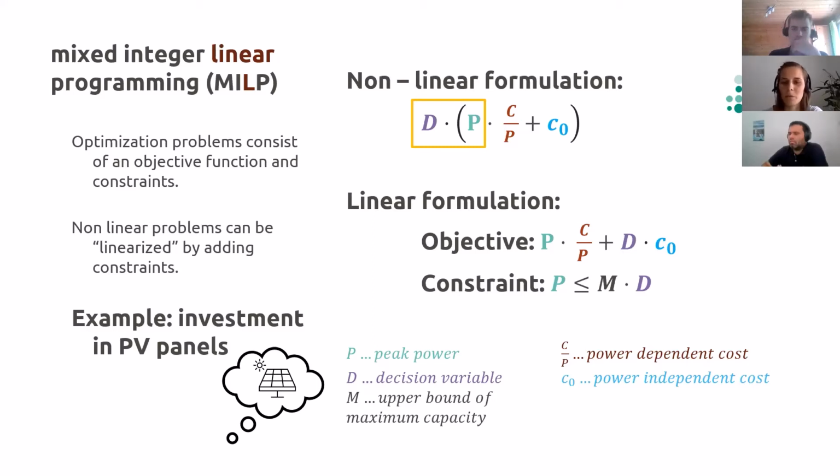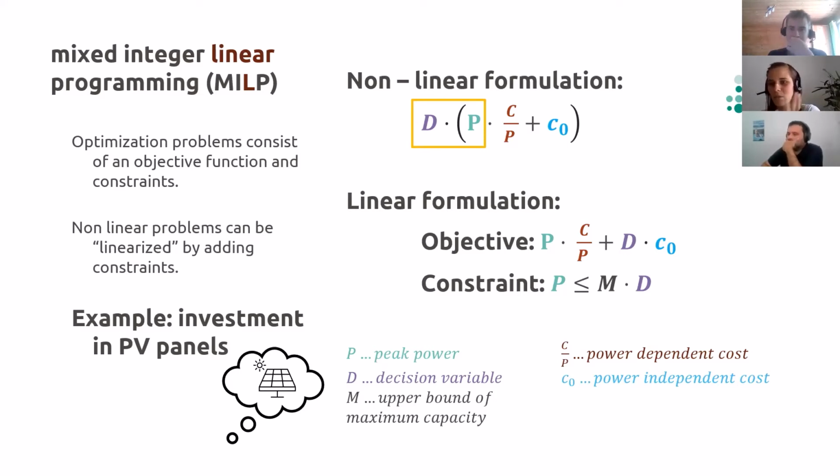So in the MILP formulation, we have to apply some tricks. To get this formula into an objective function, we just get rid of the product. So we cancel the D in front of the P and add an additional constraint. The constraint is that the power is always less or equal than a maximum capacity times the decision variable.